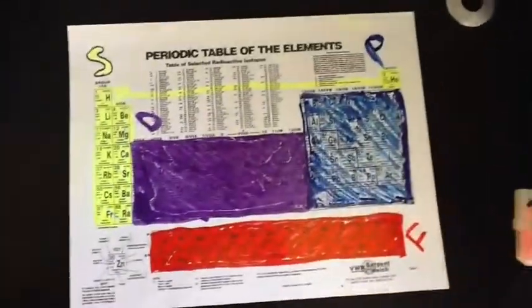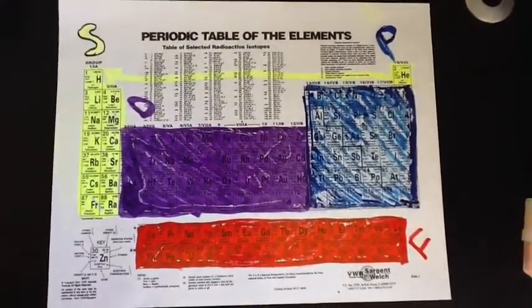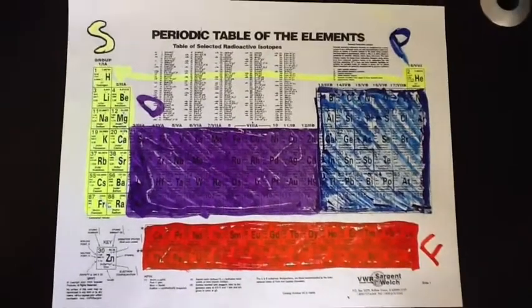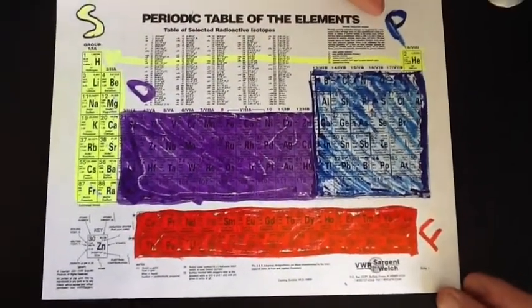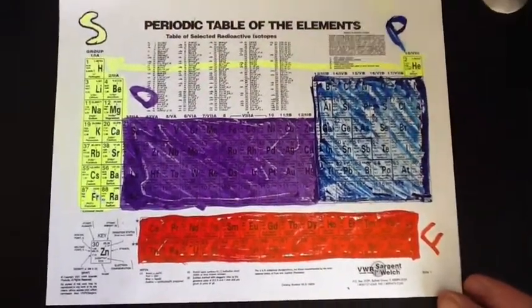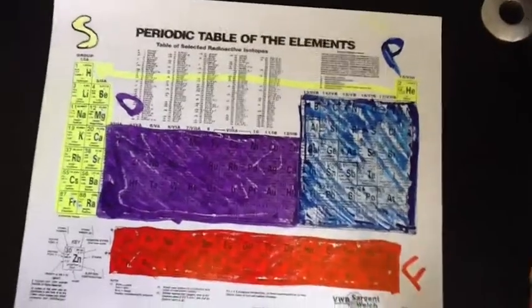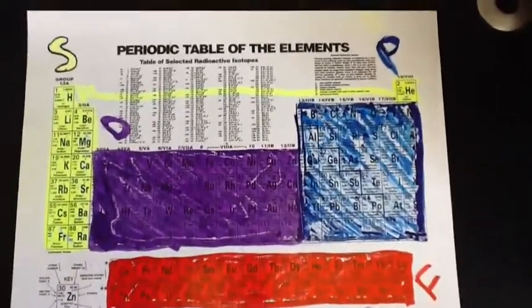As promised, here's the cleaned up version of the periodic table showing our different subshells. You can see our S subshell labeled in yellow. We've got our P over here in blue, our D in purple, and our F in the orangey red color. When I look at these, there are certain numbers I have to remember.